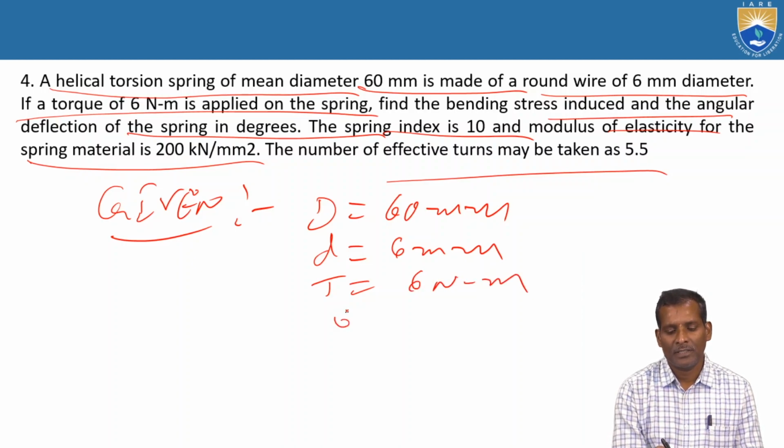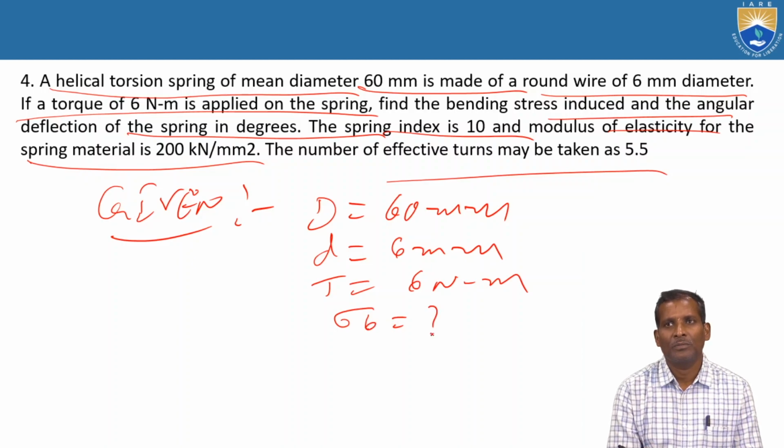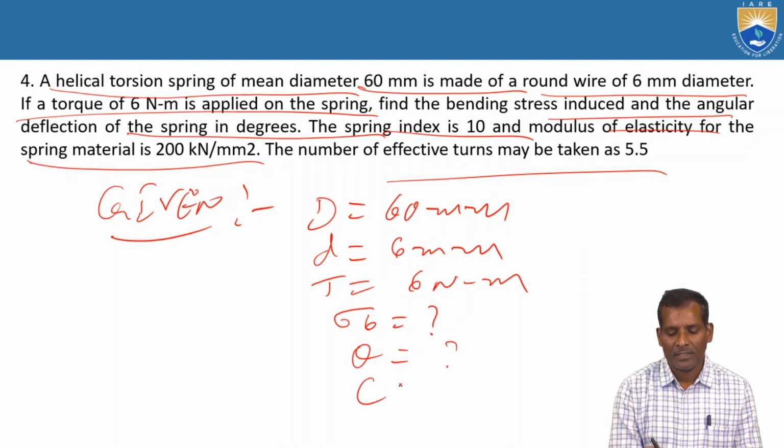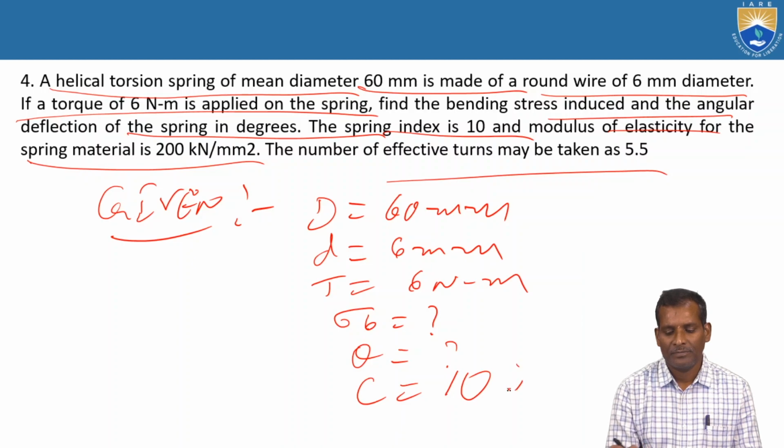Find the bending stress, which we don't know, and the angular deflection theta in degrees. The spring index C is 10. The modulus of elasticity E is 200 kilonewton per mm square.